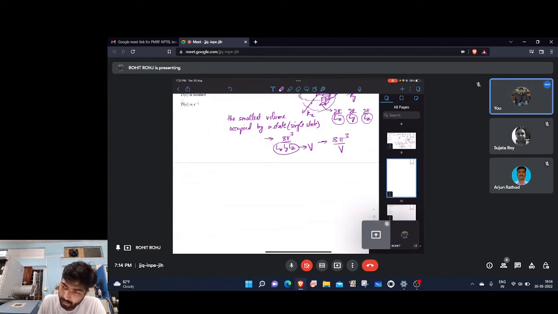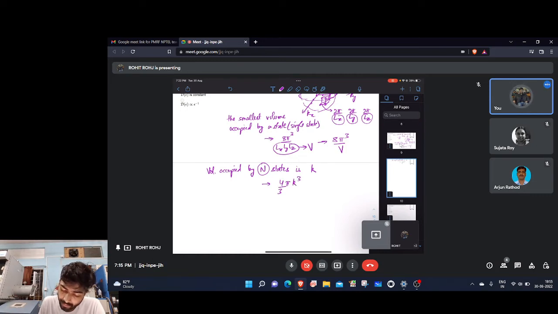And the volume occupied by n states, we don't know what n is. For general n, we can assume a general k associated with it, and for a sphere of radius k, one can find the volume to be 4 by 3 pi k cube.